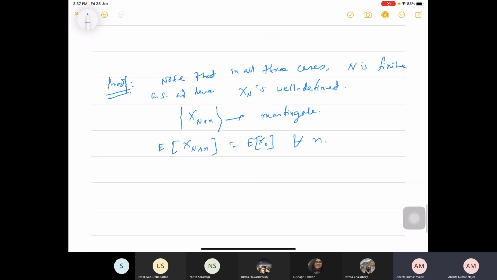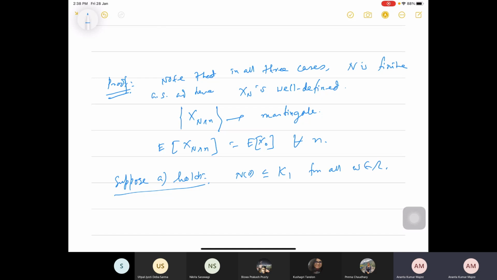So now I'll consider the three conditions. Suppose case 1, or suppose A holds. That means N of omega is less than or equal to k1, for every omega in Omega.